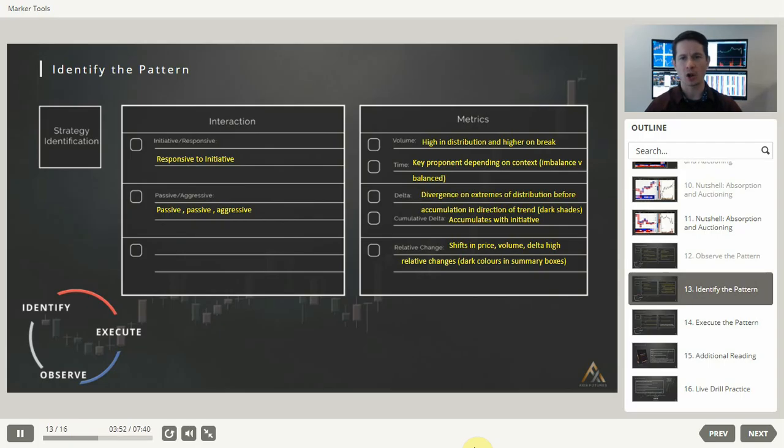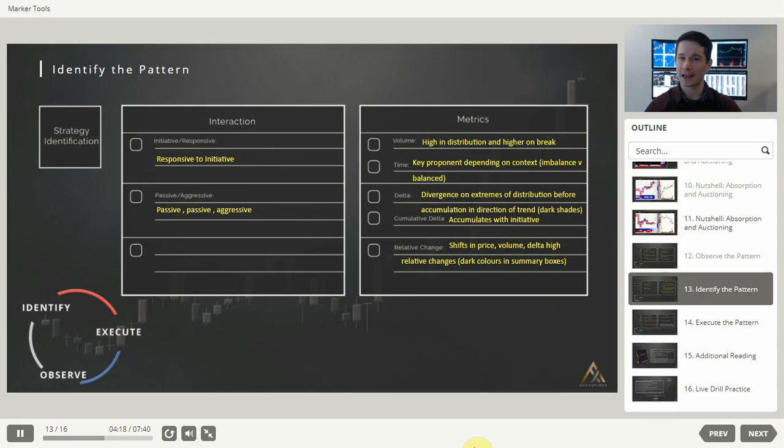So in this box, what I would like you to think about is, what was the key observation you took away in terms of interaction that gave you the clue that the break was coming? Now, we spoke about absorption just before the break. For instance, for the break to the upside, before the break we were seeing large selling absorption at the high and large buying absorption at the low.